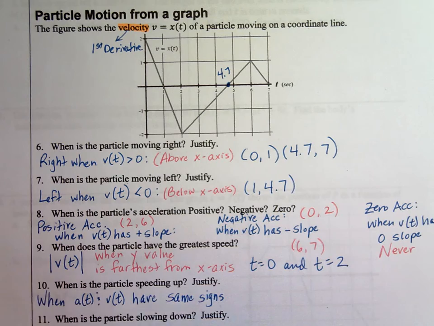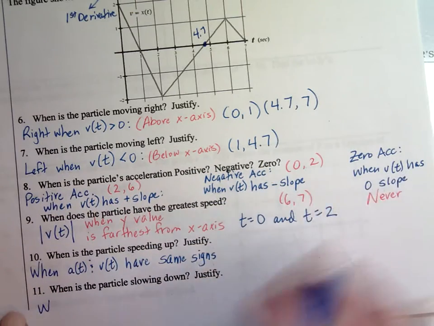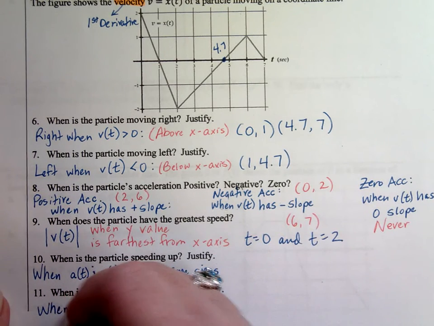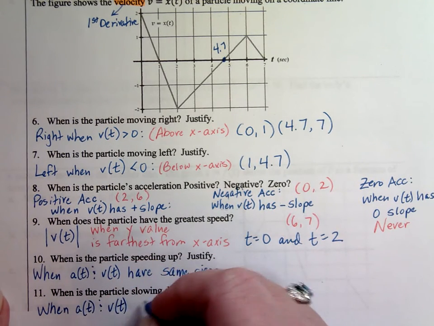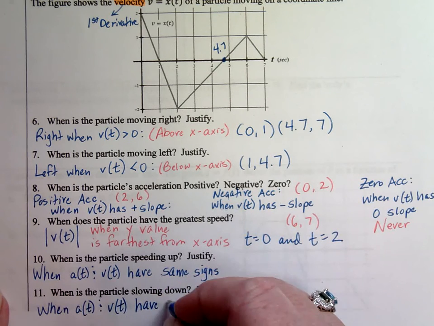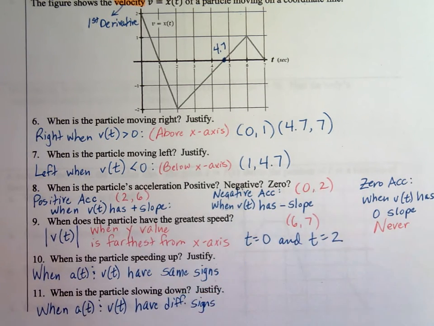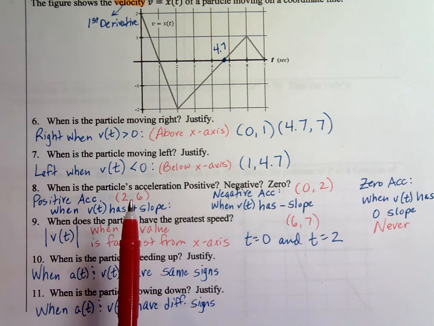And then slowing down would be when a of t and v of t have different signs.